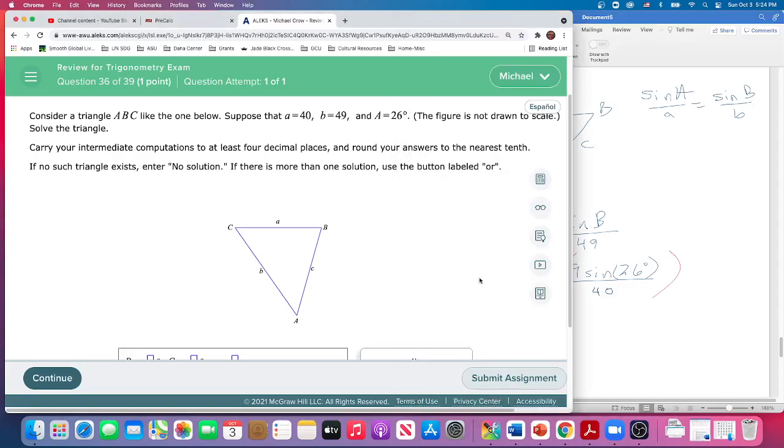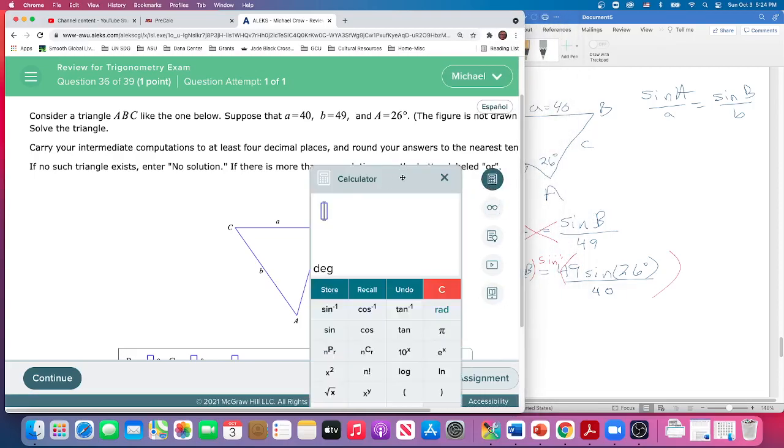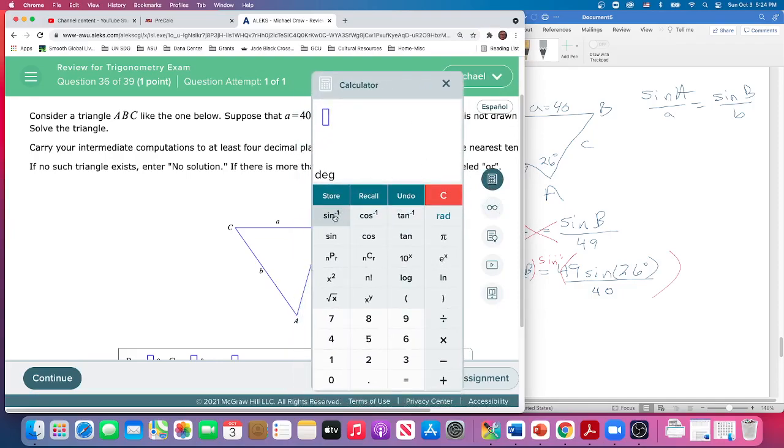So let's see if we can do that with the calculator. Pull this one up. We're in degrees, that's important. So we'll do the inverse sine, 49 times sine of 26, and we're going to divide over 40.